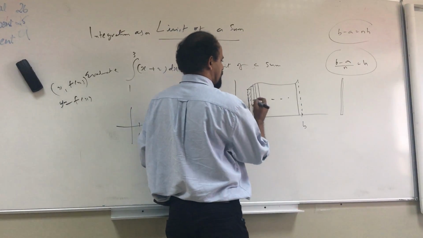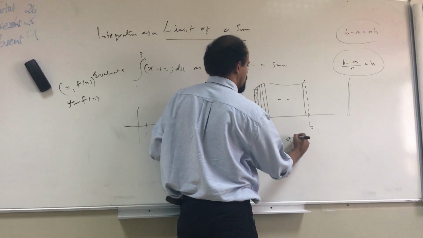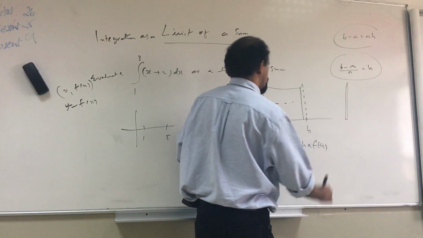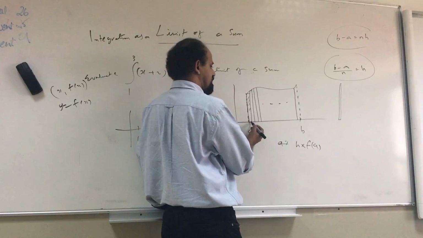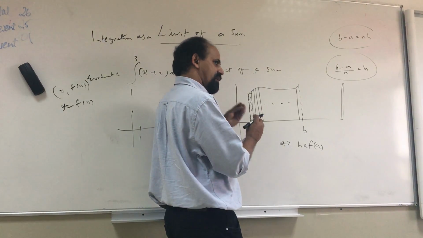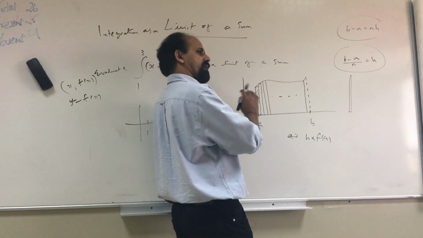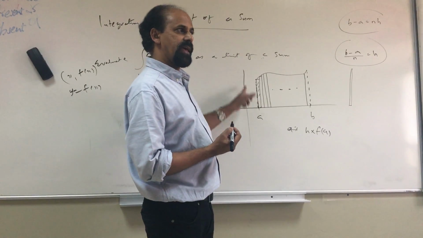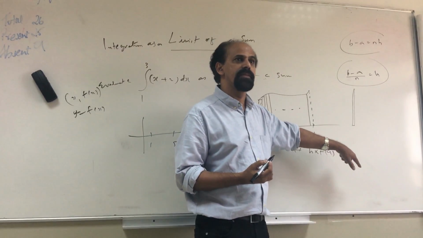Now, what is the area of this first rectangle? It is h into f of a. The breadth is h, and the height is f of a, so the rectangular area is h into f of a.